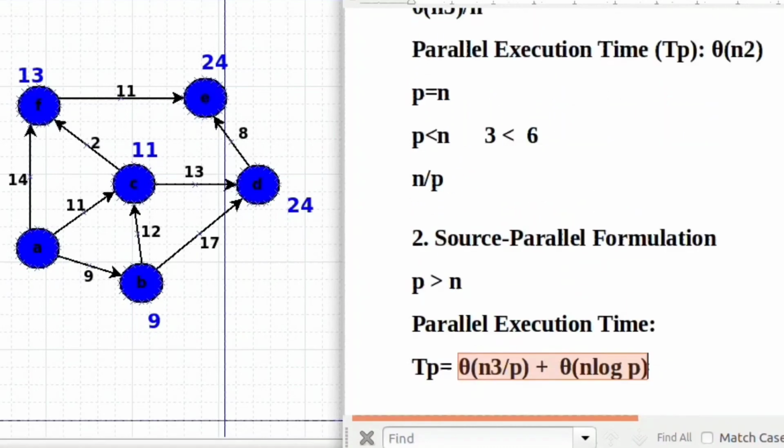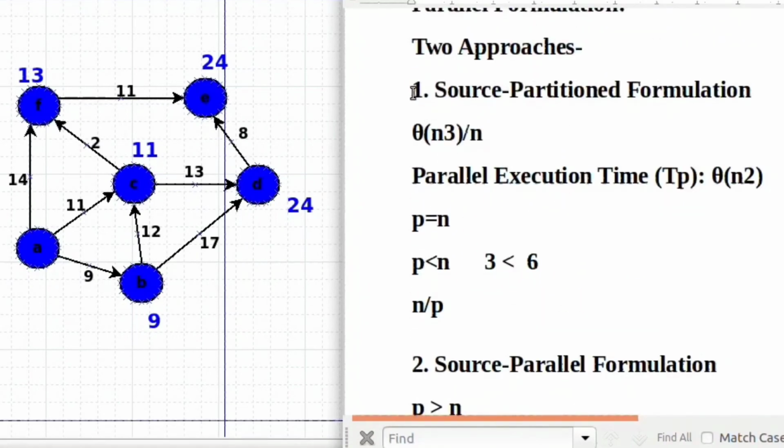In the previous approach, that is the source partition approach, there is no communication. That is why communication cost is zero. Why is it zero? Because a separate process is working on each separate vertex. The processes are not sharing anything with each other. One process is working on this vertex, another on that, and a third on another.